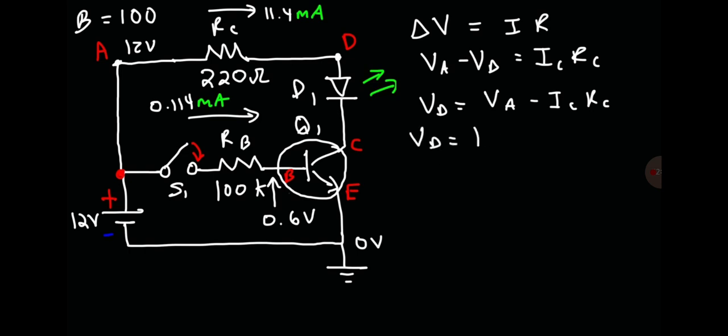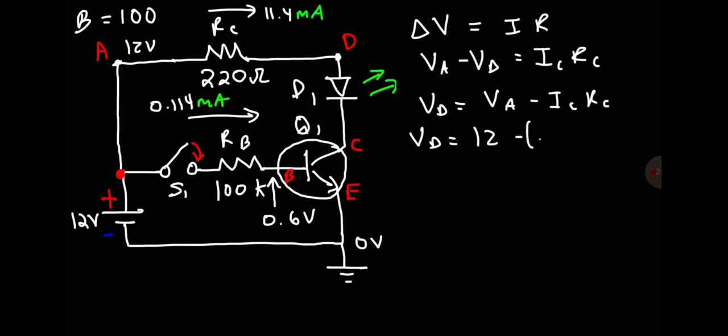So the potential at A is 12 volts. And keep in mind, VD is going to be lower than VA because the current flows from a high potential to a low potential. So it's going to be 12 volts minus the current of... Now, since this is in ohms, we want this to be in amps. 11.4 milliamps.